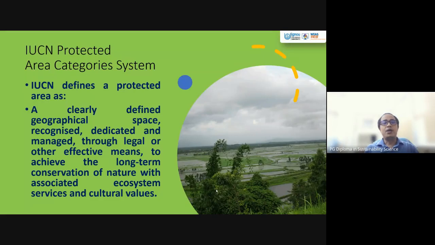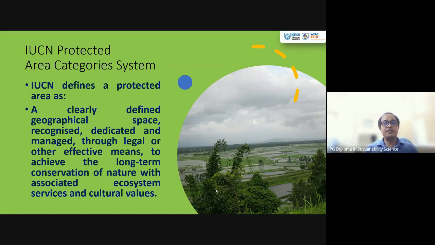IUCN identified a number of protected areas and classified them.